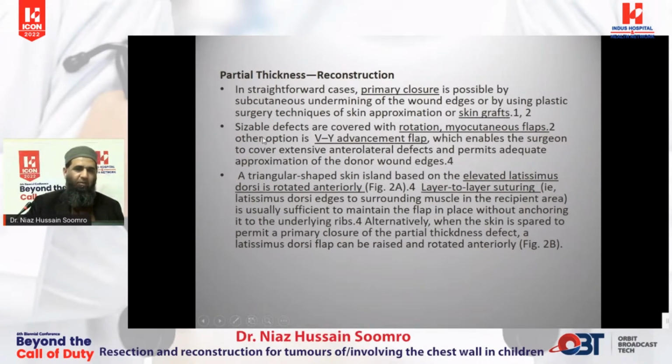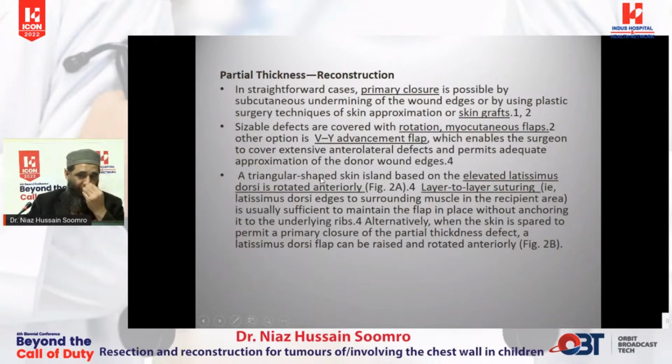But sometimes sizable defects are covered by rotation myocutaneous flaps or VY advancement flaps, which enable the surgeon to cover the extensive anterolateral defect and permit adequate approximation of donor wound edges.